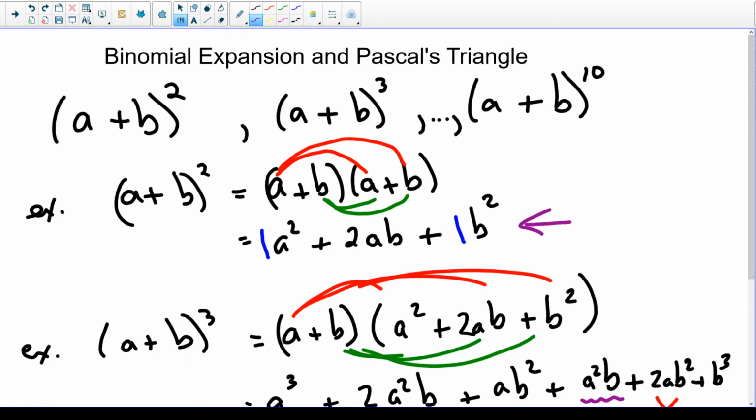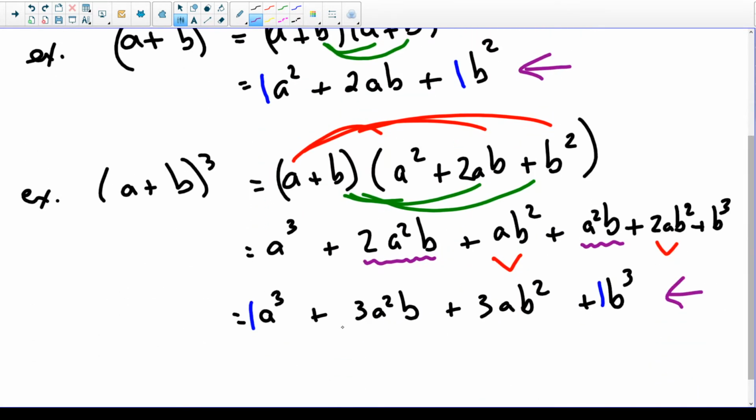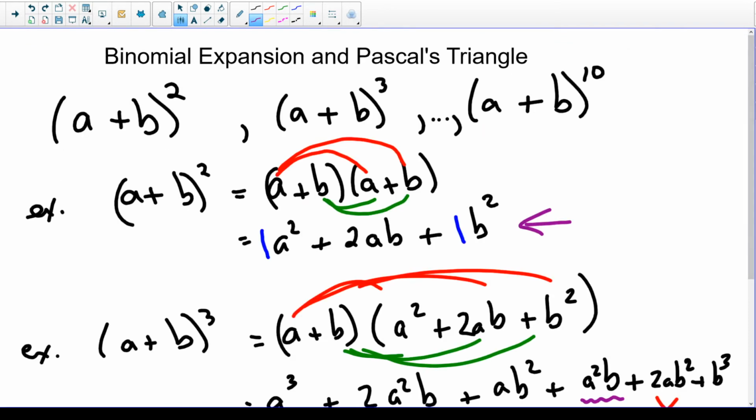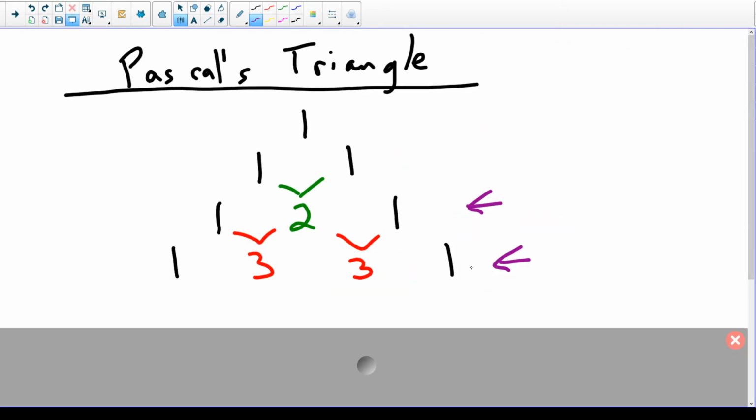If you look at the next one, we got 1, 3, 3, 1 as the coefficients. So these numbers in Pascal's triangle give us the coefficients of our binomial squared and our binomial cubed. And that's exactly what this does.